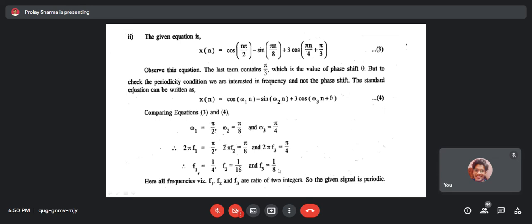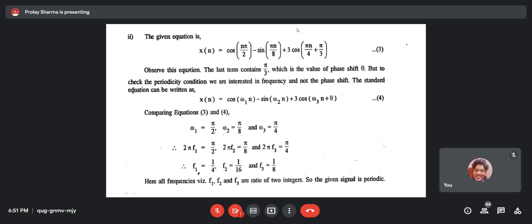Now the condition of periodicity: F1 is a ratio of two integers, F2 is also a ratio of two integers, and F3 is again a ratio of two integers. So we can say that these three signals are periodic in nature.